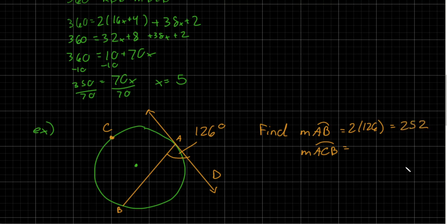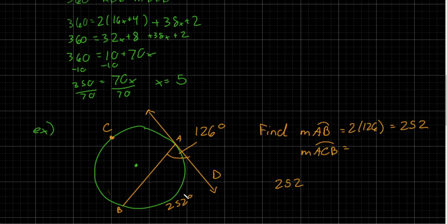Vincent, what do I have to do next to get my second one? If this is all 252 degrees. So I have both sides of my arc. If this entire thing right there, if I added those two, we would get what?